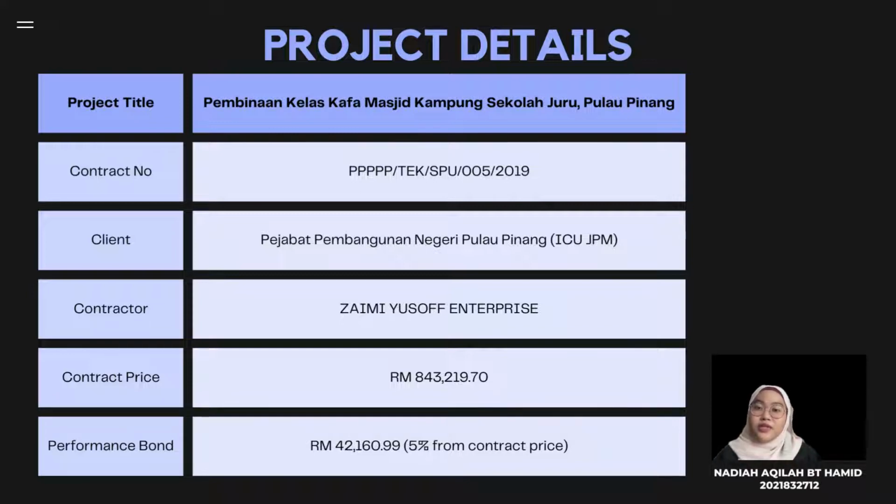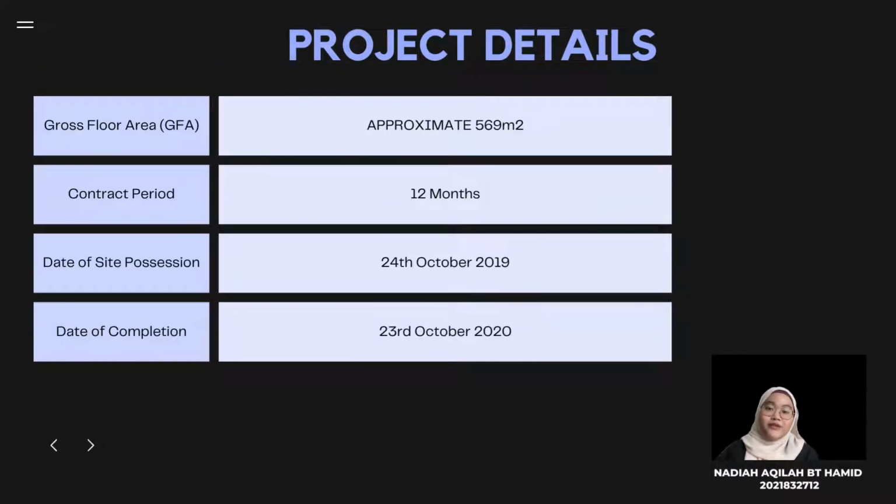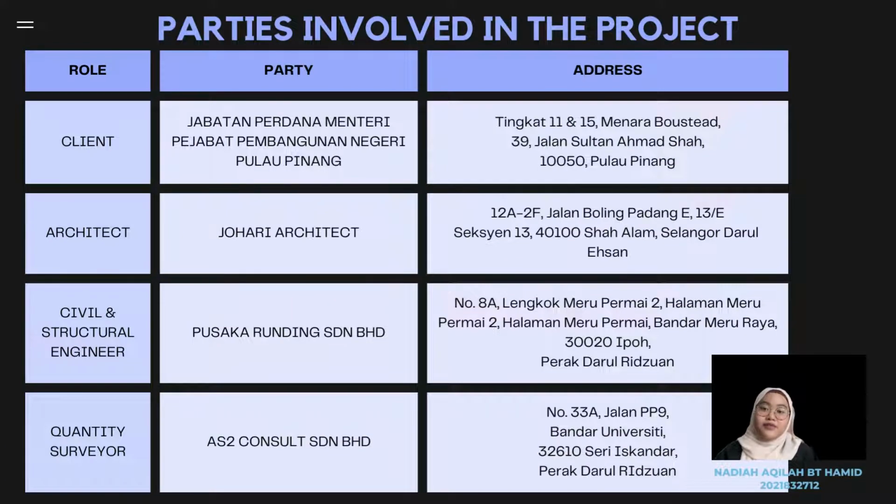The performance bond is 42,160 and 99 cent, which is 5% from the contract price. The GFA of this project is approximately 569 meters square. The contract period for the project is 12 months, which starts from 24 October 2019 and is completed on 23rd October 2020.